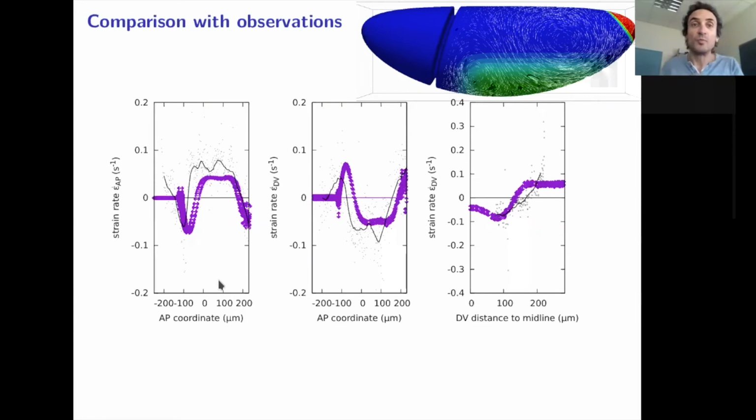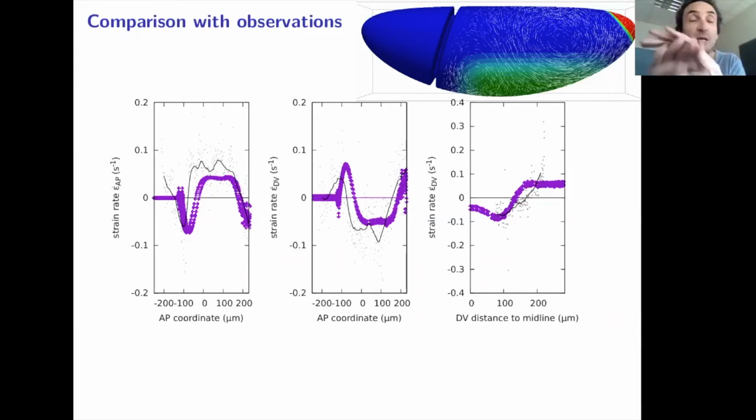Okay, so we do have some agreement, and with this very simple model for this global flow with cells, although we've had to choose a second viscosity eta b, which is quite large and much larger than what I would have expected, because we have no mechanism really to explain at a molecular scale why this actin meshwork, which could thicken in the third dimension, for instance, or could densify much more than what we see, would resist that much area variations compared to resisting shear.